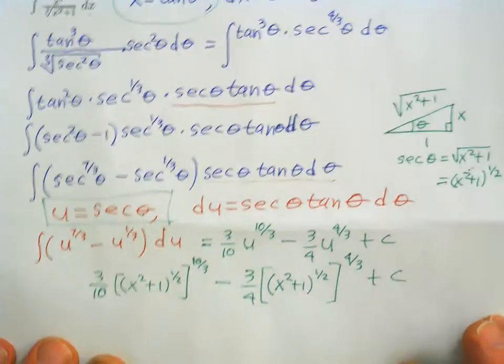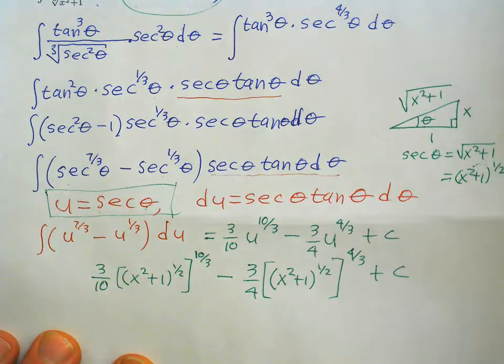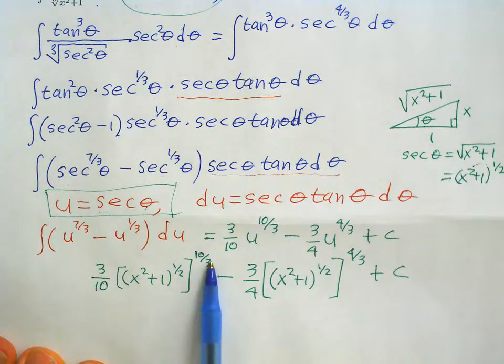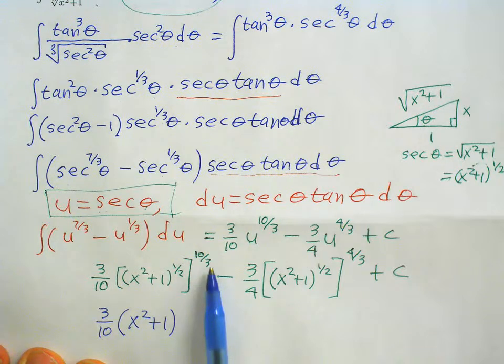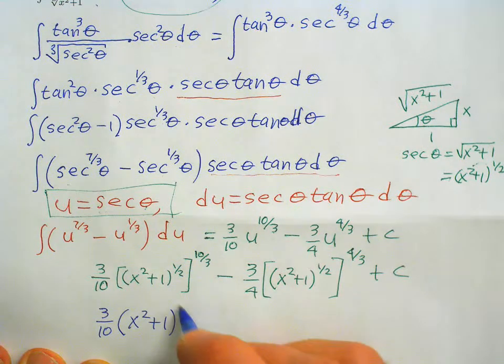And then just one more step ought to do it, using properties of exponents. So we get 3/10 times the quantity x squared plus 1, and then we multiply the exponents. 10/3 times 1/2 is 5/3.